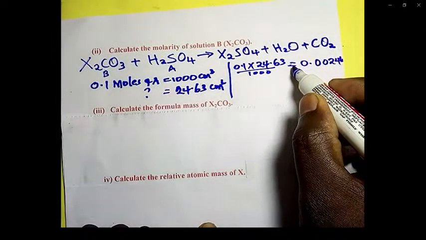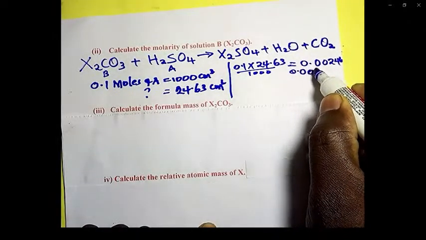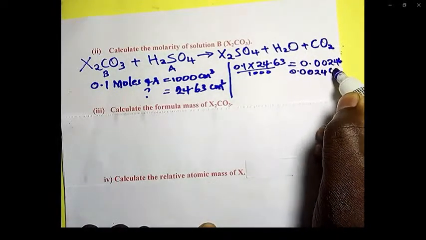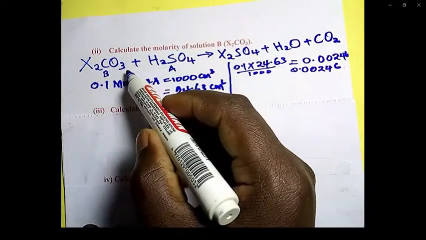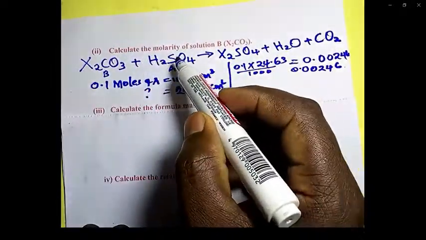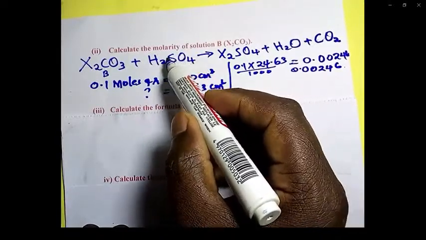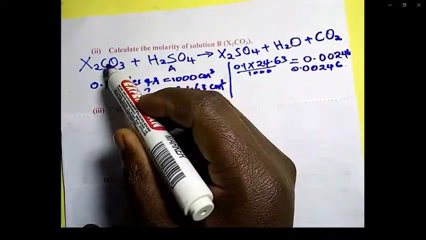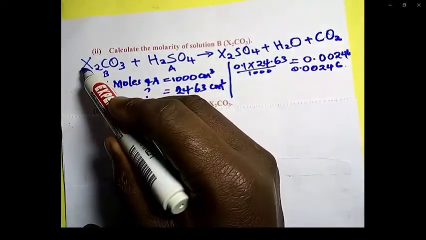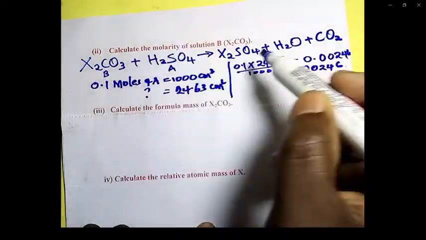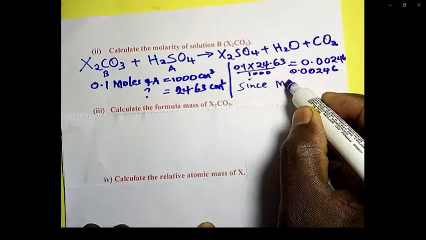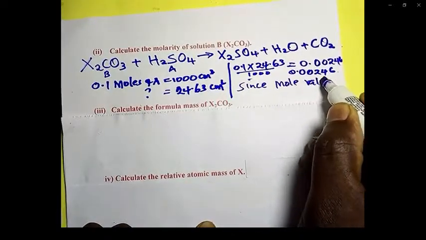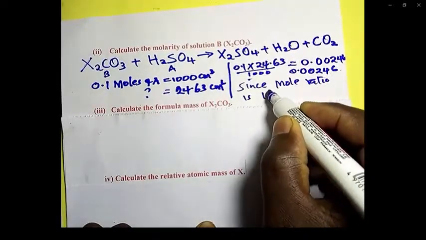So this one is 0.00246 moles. But from the equation, we can say that the mole ratio is 1:1, meaning that the number of moles of the carbonate in 25 is this, since the mole ratio is 1:1.